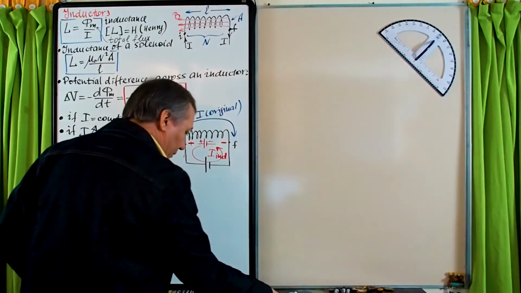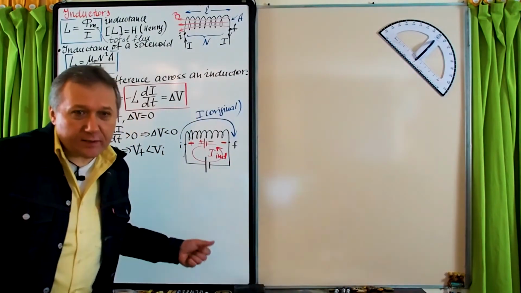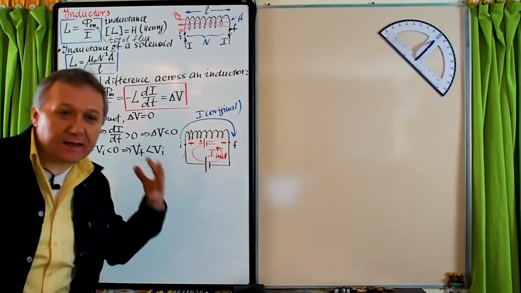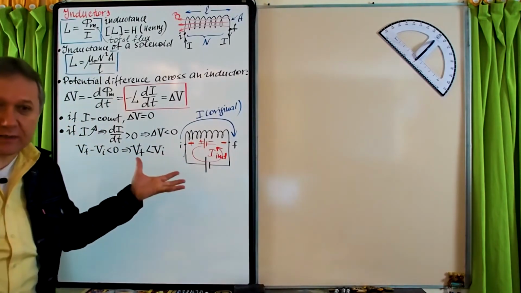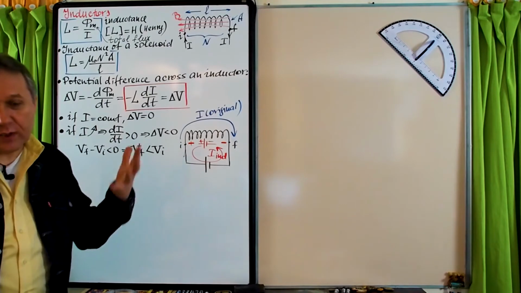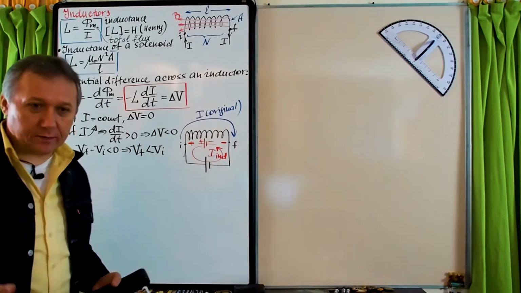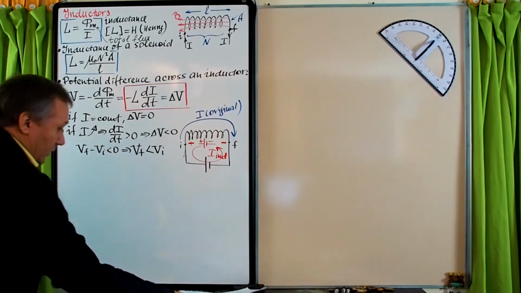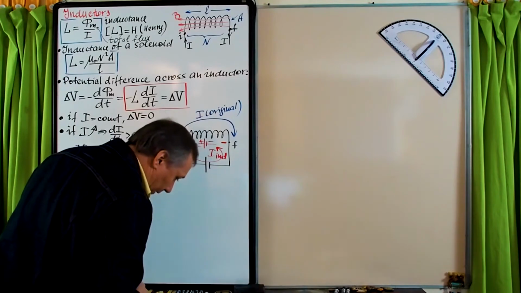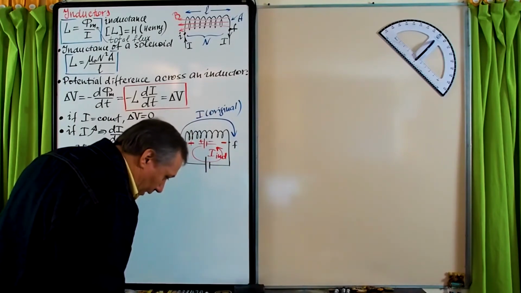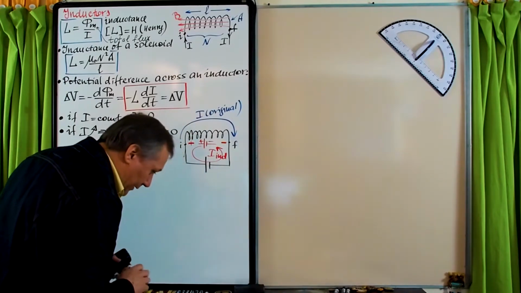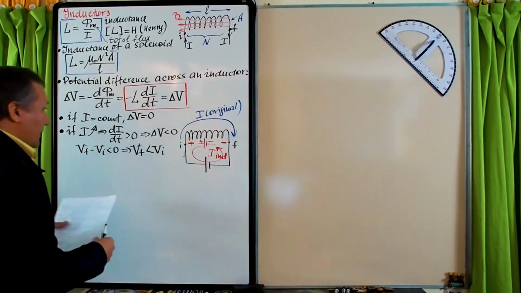Okay, so now let me write that. And again, it's just Lenz's rule, just restated for this system, because it would be easier to analyze the system playing with current. Okay, so let me write that down. I'm just checking also if I mentioned everything. So I will write it this way.